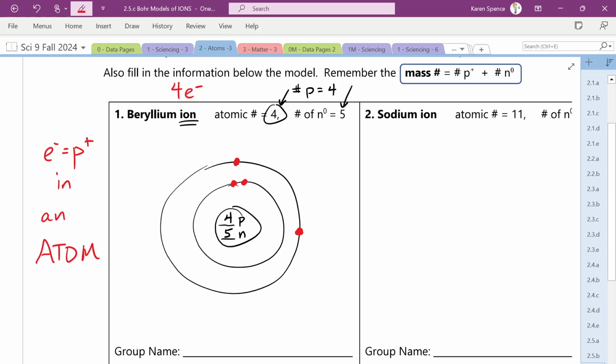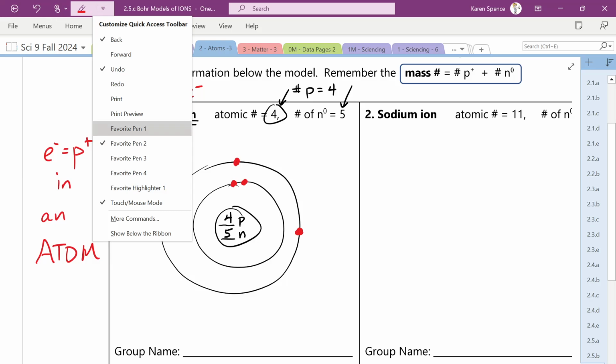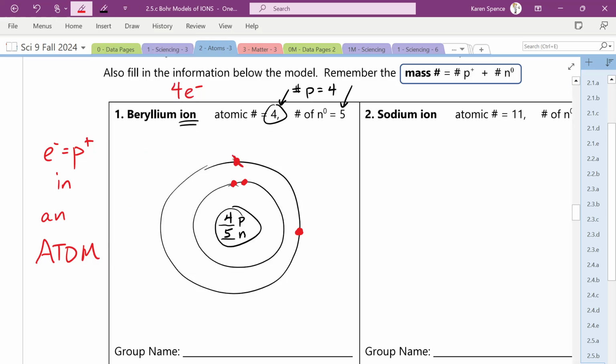You have 2 choices here. If you like erasing, you can erase the whole thing. If you're like, erasing sounds like way too much work, you can just cross these ones out. Okay? Once they're crossed out, they're gone. So we only have how many electrons left? 2. Okay, only 2 electrons left.